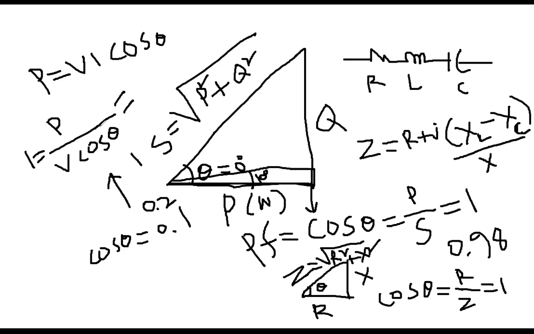So when the power factor is very poor, the current value is high. Come back to this diagram. If you have a very high Q value, meaning this is your theta, so cos theta is P over S, you are getting a higher value of theta. In that case, your power factor value will be very, very low. And if you try to increase the power factor value, your current value will decrease.